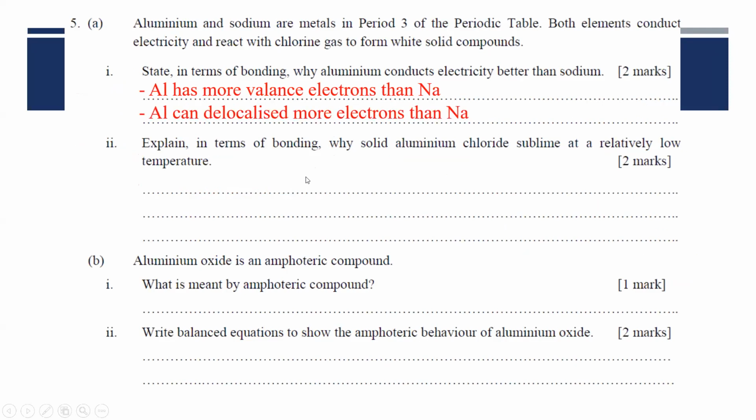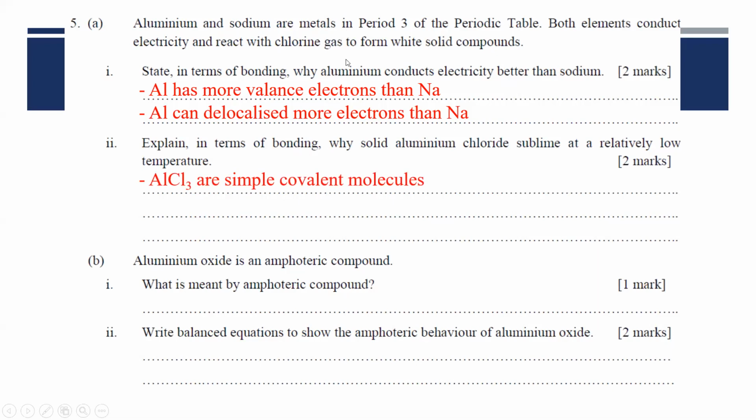Okay, then number 2, explain in terms of bonding why solid aluminium chloride sublimes at relatively low temperature. So when you ever see this kind of question asked, why does aluminium chloride sublime at low temperature? Sublime means change from solid to become gas. So you have to explain in terms of intermolecular forces. You have to say that aluminium chloride is a simple covalent molecule.